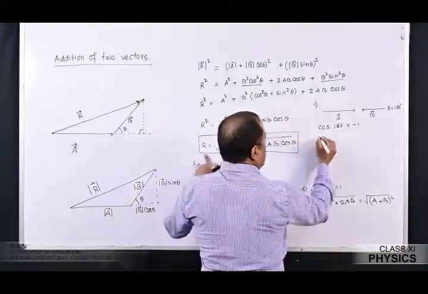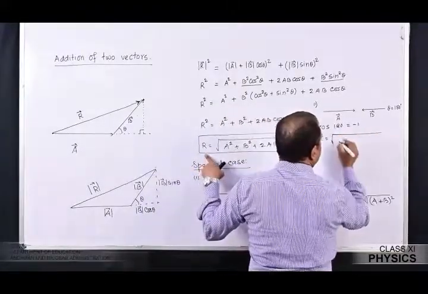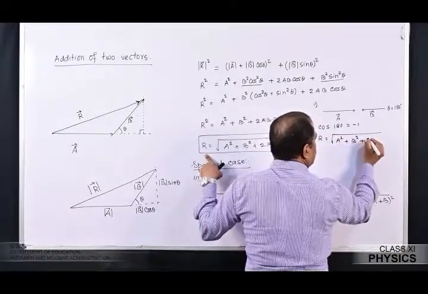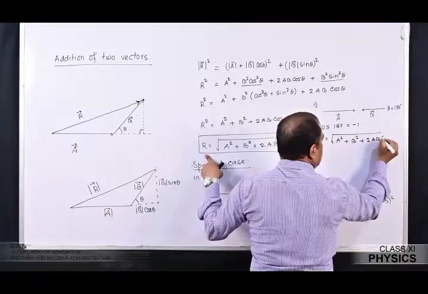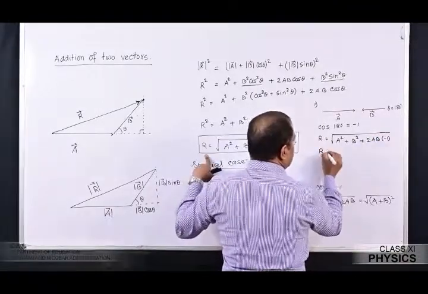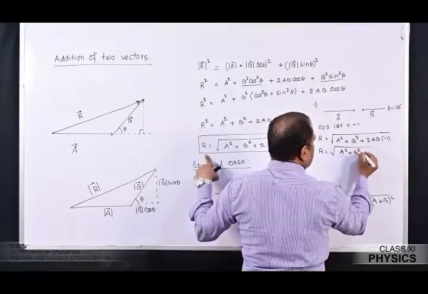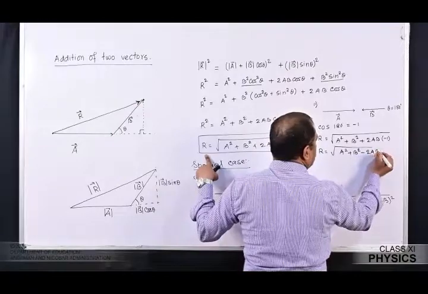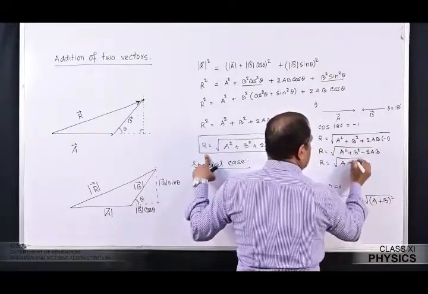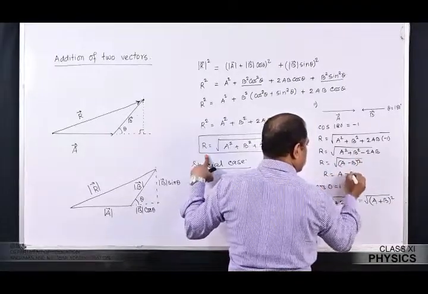In that case my R is going to be root under A square plus B square plus 2AB times minus 1, which is A square plus B square minus 2AB. R is equal to root of (A minus B) whole square, otherwise R is going to be A minus B.